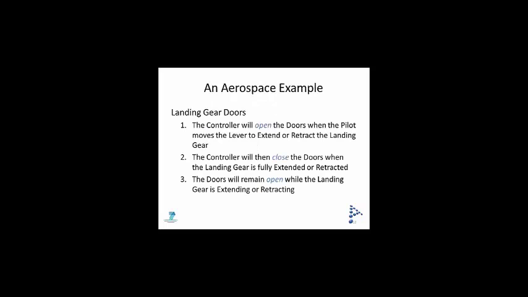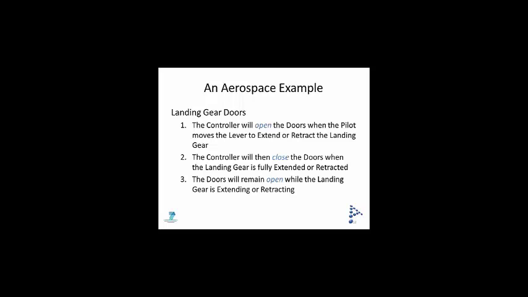Right, what I'd like to do is go from top almost to bottom with a simple aerospace example. So I'm just going to take a landing gear system, and I just want to talk about the landing gear doors. So do you have a specification? You know, where's it written down? What you need to establish, and this is a human operation, you've probably got pages and pages of Airbus specification.